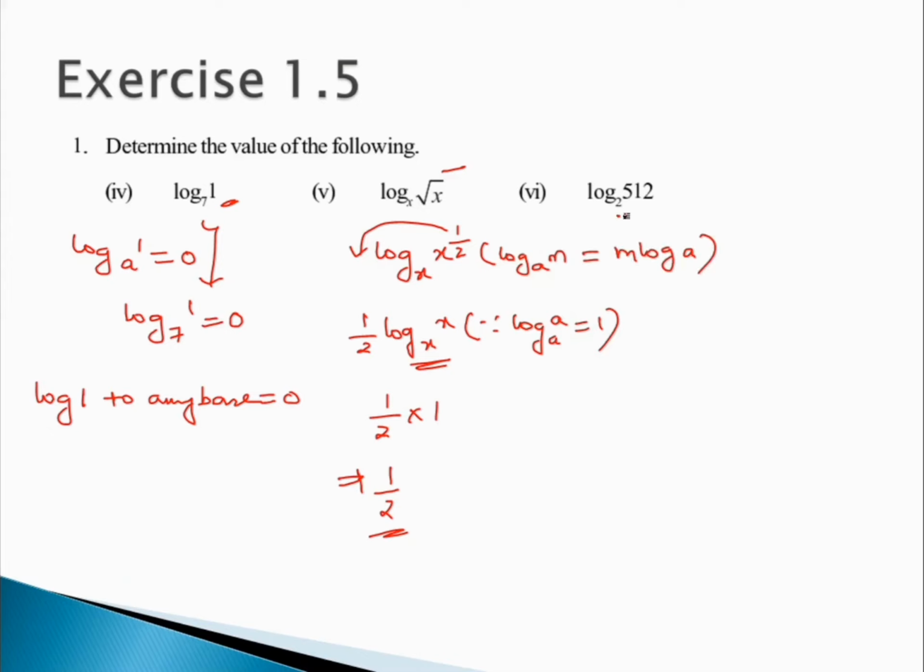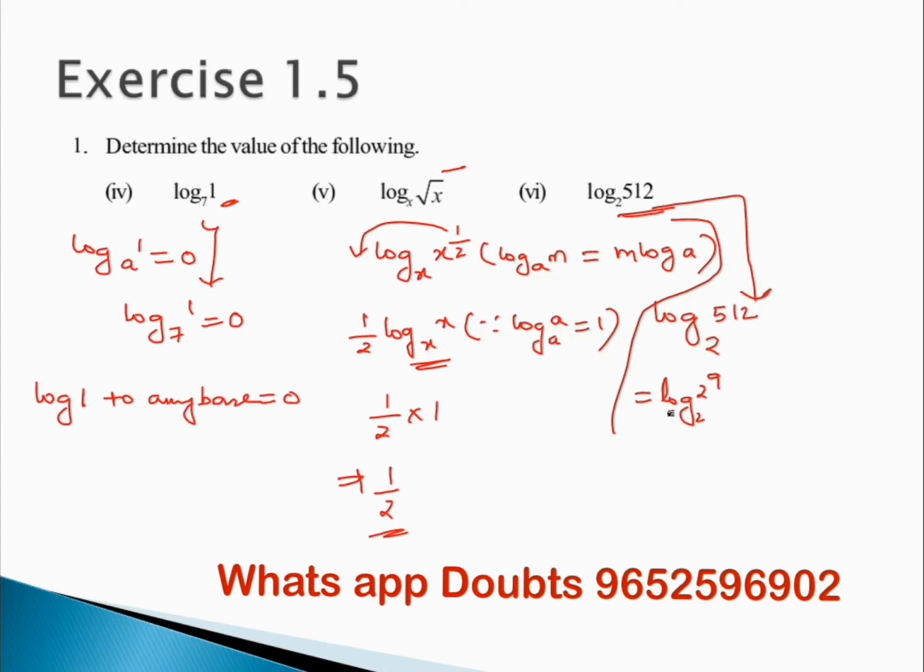Okay. So similarly, let us look at some here, 512. How do I write this? I can write it as log 2 of 512. So this can be written as log 2 to the power of 9. Okay.